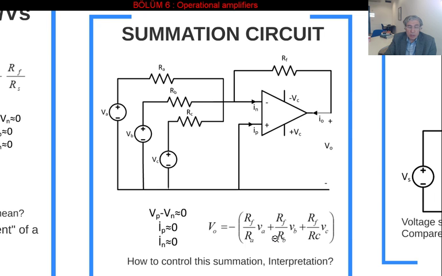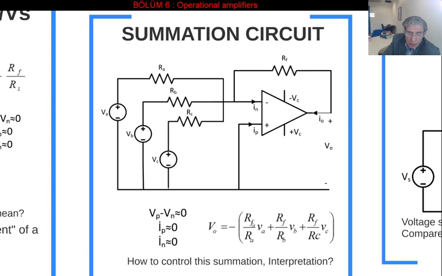But there are some other facilities that we could use here. We could multiply any voltage that I have with any coefficient I like. For example, choose any RF value you like, and you would like to have a coefficient in front of VA. The coefficient for the VA voltage is determined by the RA value.